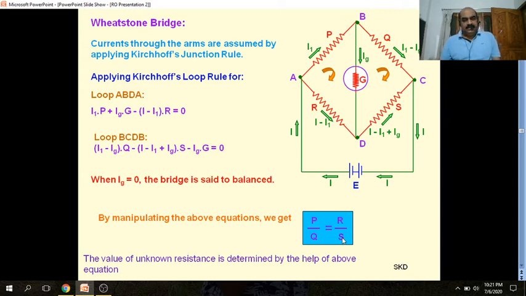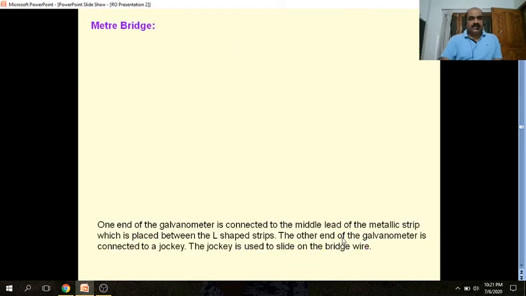We will see how we realize it, how we construct this meter bridge. The four resistors are connected in arms of a quadrilateral, and diagonally a galvanometer is connected. So the next part of this lecture is towards the meter bridge.